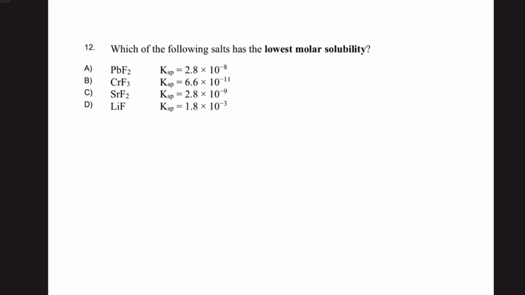All right, question 12. Which one of the following salts has the lowest molar solubility? So when we talk about the molar solubility, all of these species are solids. And it says that they're salts. And in order to find molar solubility, we're going to find X. So our equations are going to be the salt dissociating into its ions, which is Pb2 plus 2F minus.